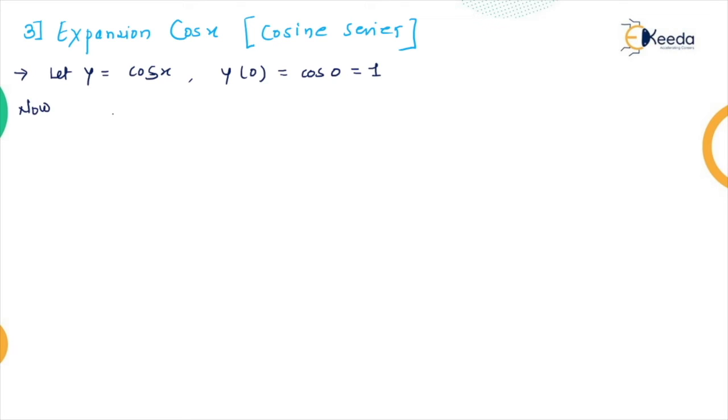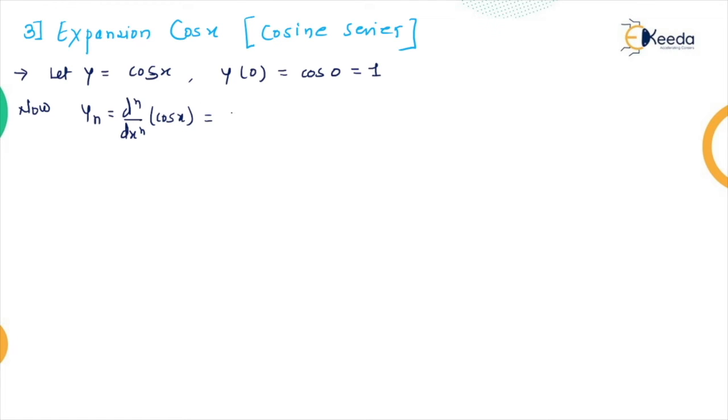Now I am writing its nth order derivative, y_n is nothing but d^n upon dx^n of cos x. It is very easy, we have to find the nth derivative of cos x. So what is the formula for the nth derivative of cos x?